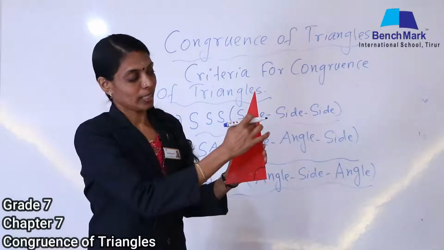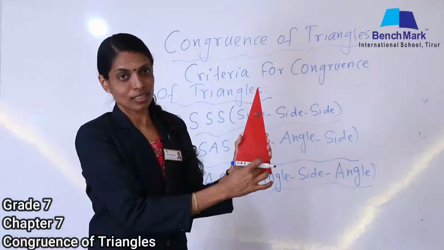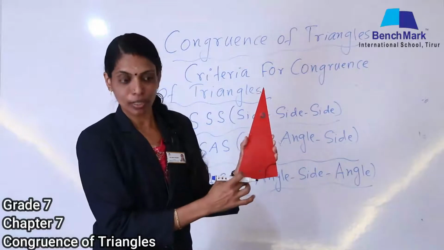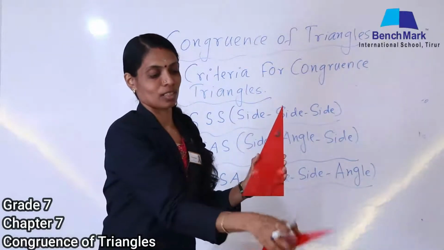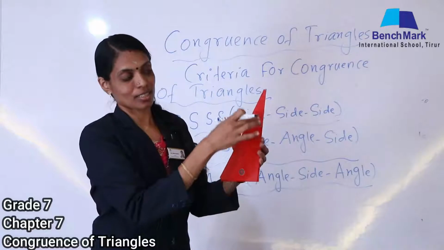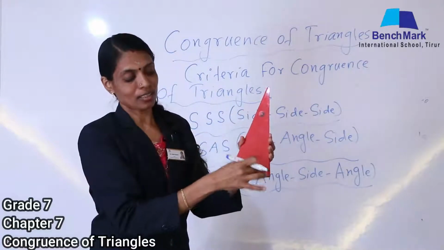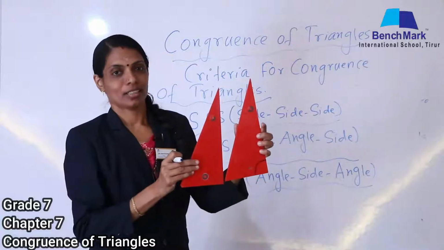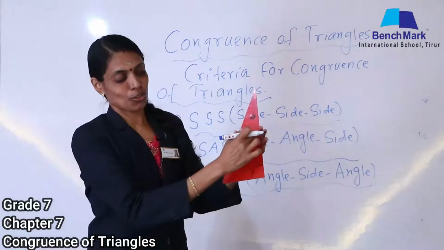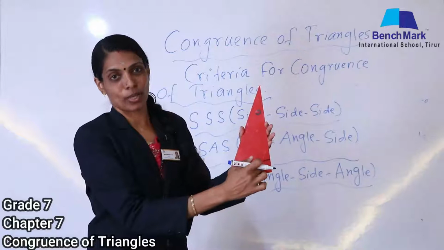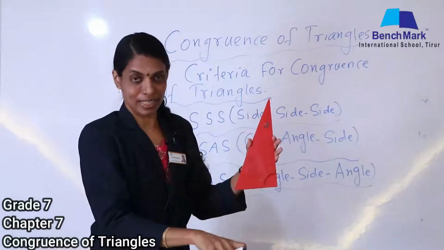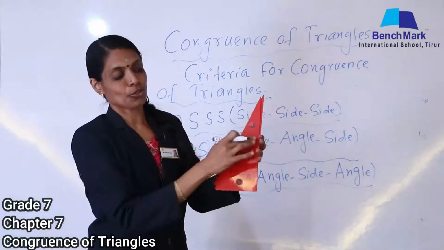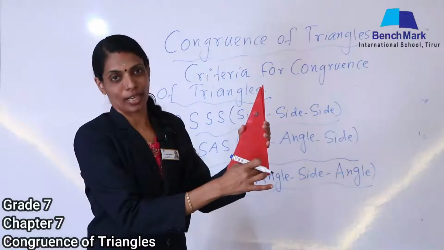SAS. So, this side, the angle and the side should be equal to the next triangle's side, angle, side. So, you have two triangles here. The two triangles have two sides and an included angle, and that is equal to two sides and the included angle.